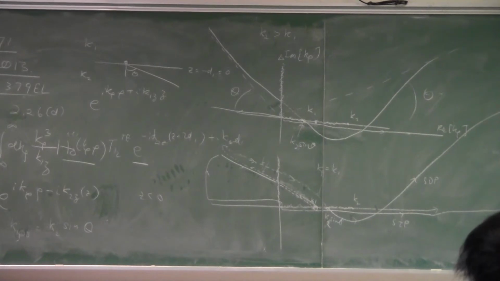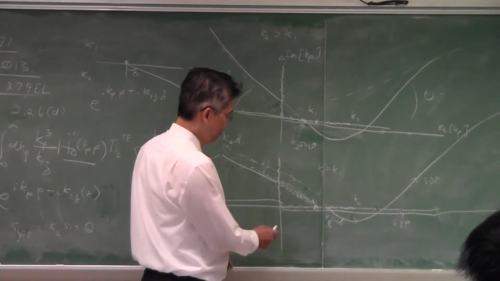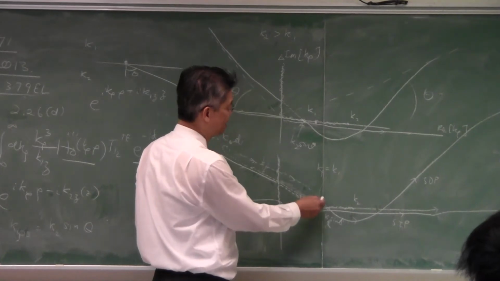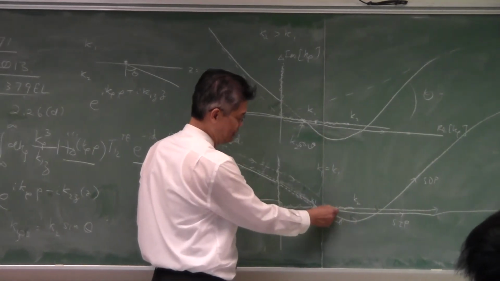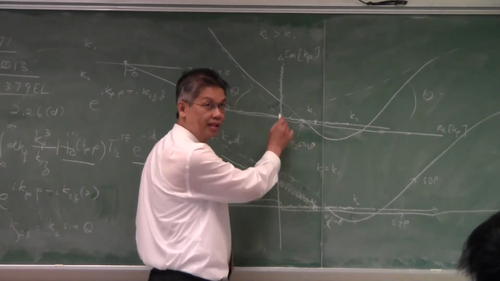Yes, Junu? How does the path cross the branch cut 2 times at the K1 point? At K1 point, the branch cuts are like this. There's one that goes like this. That's one branch cut, right?